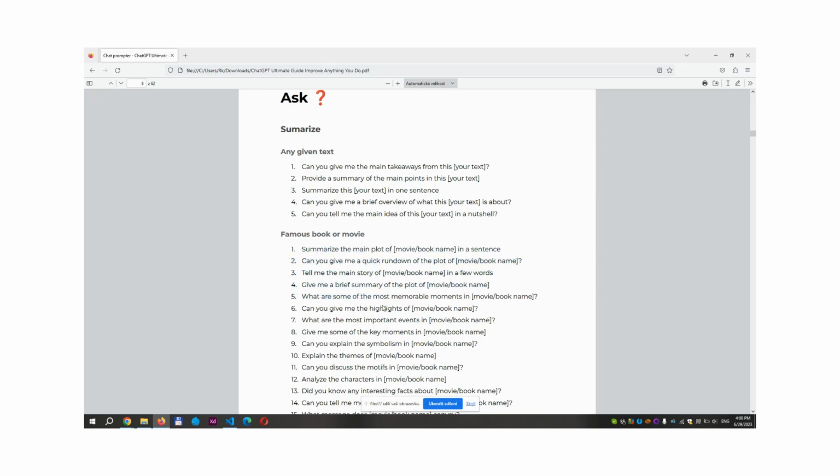So besides specific known and or famous artworks or books or anything like that, we can also feed it our own text or any other text that is actually current or relevant to us or to today, which ChatGPT actually doesn't know about.